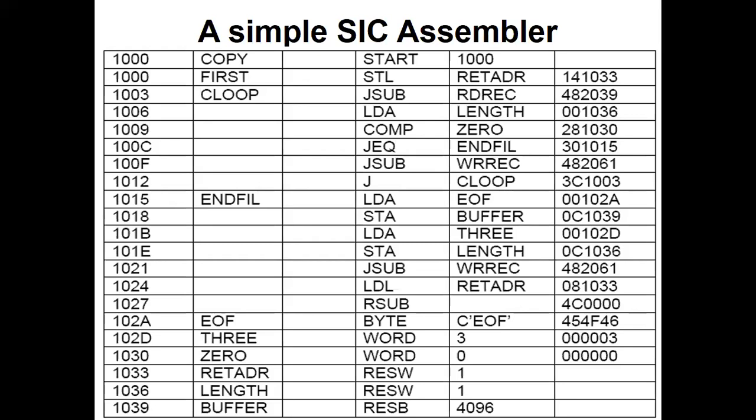So it means that every instruction will take 3 bytes in memory. So if the first instruction is to be found at memory location 1000, the next one should be at 1003. Don't you think so? Yes, sir. And so on. Every instruction is 3 bytes for the simple SIC.